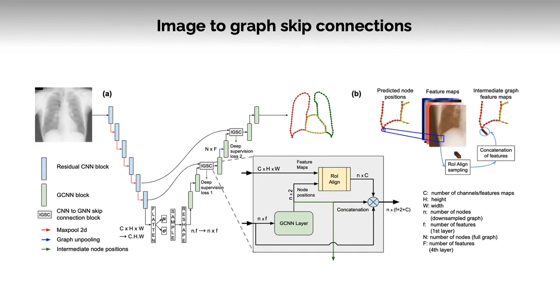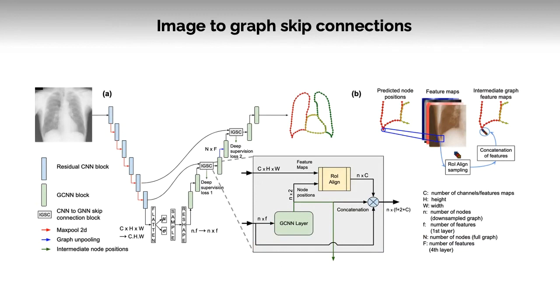And when you are using U-Nets to segment images and go to a dense pixel-level segmentation mask, it's obvious how you just take feature maps from here and bring them to the corresponding level in your decoder. Now, when you are working with images and graphs, it's not that obvious how to do that. How do I do this skip connection from images to graphs?